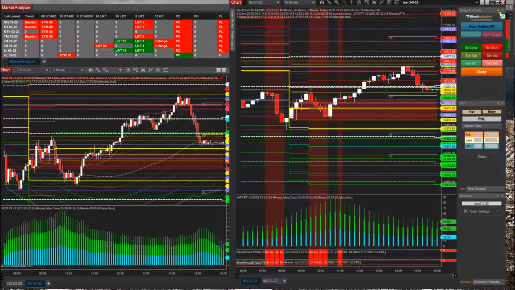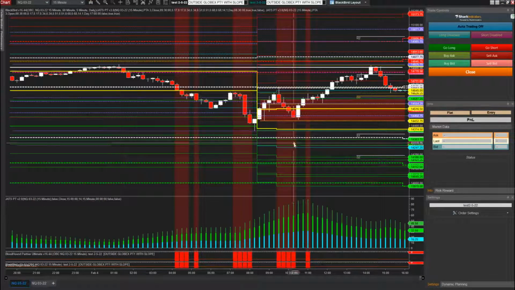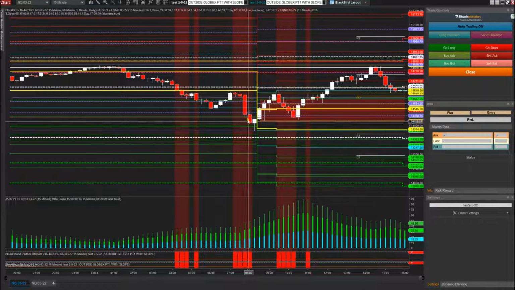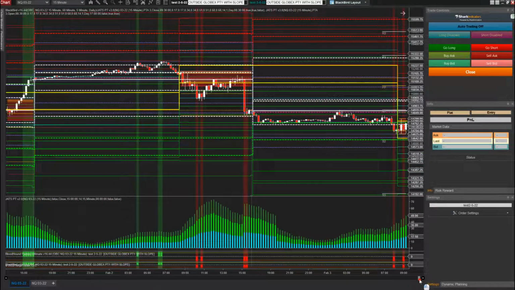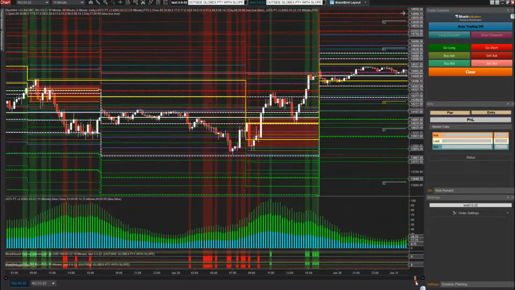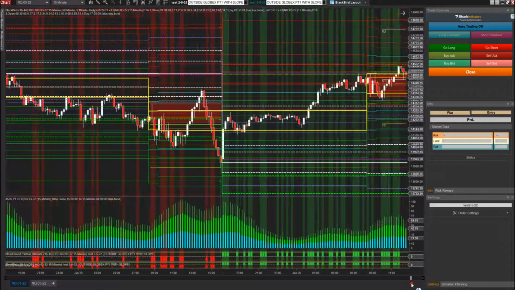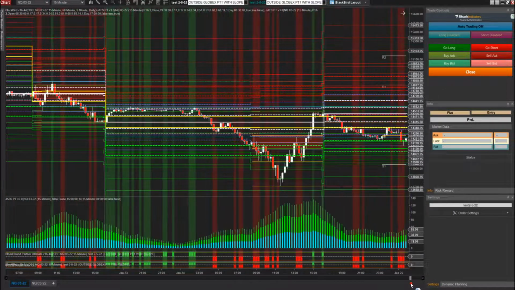So here are the good short trades below the PT1, trading to the outer targets for a short trade. Or a long trade going above or below the Globex PT1.